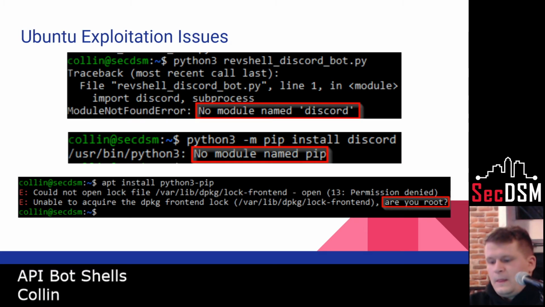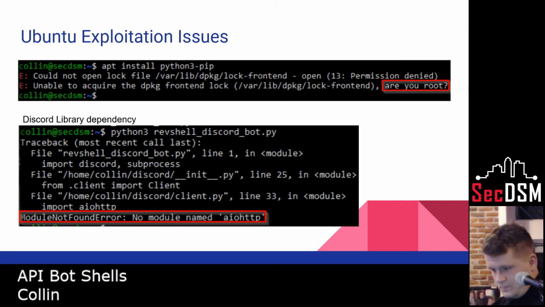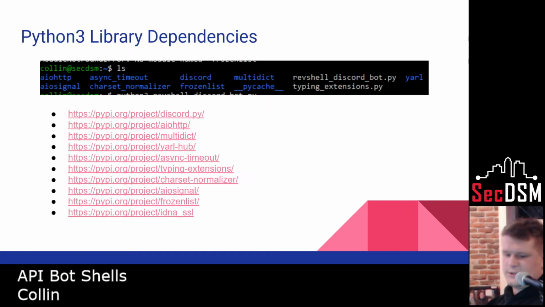The exploit was a little bit frustrating to get started. I was learning a lot about the way Python libraries worked when I was doing this. Obviously, you needed the Discord library, but on top of that, to install anything in Python, you needed pip, which doesn't come by default, and you need root to install it. So I started building the libraries manually. This is just more of library failures. There were a lot of dependencies. I think ultimately this wasn't all the dependencies, but this was most of them.